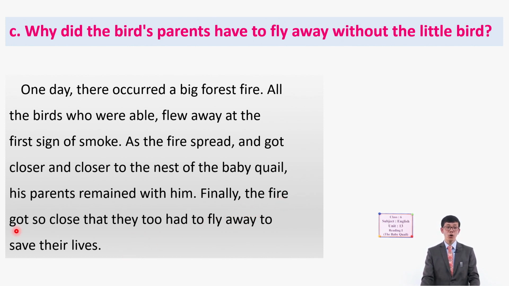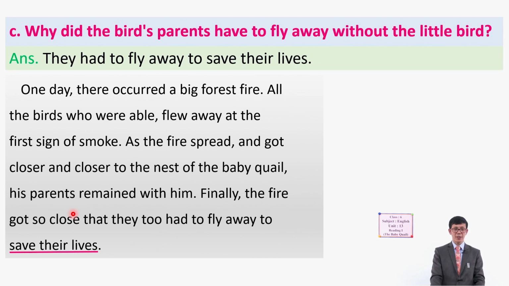The fire got so close that they too had to fly away to save their lives. Okay, you got the answer there. They had to fly away. Why? To save their lives. They had to fly away, or they would also be killed there in the fire in the jungle.